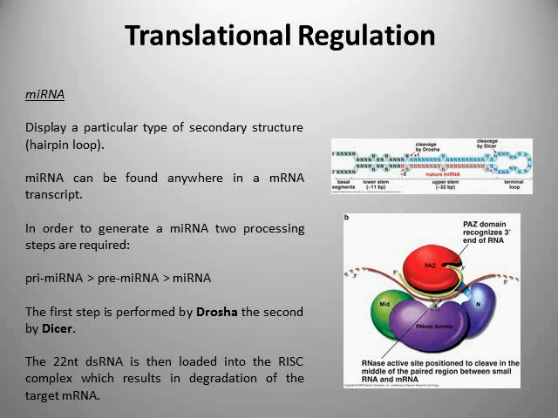So how does that work? Well, this works by virtue of a specific protein family called PAZ. So these PAZ proteins and PAZ domains within these proteins recognise a 3' end of RNA. And in this instance, they specifically recognise the 3' ends of these 22 nucleotide microRNAs. So the PAZ domain binds to the microRNA.